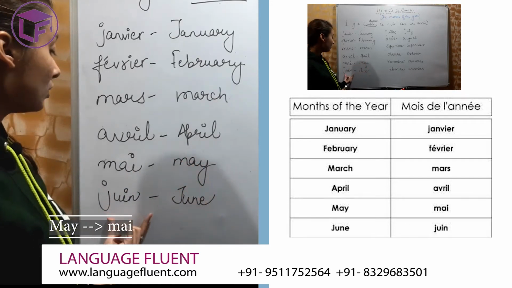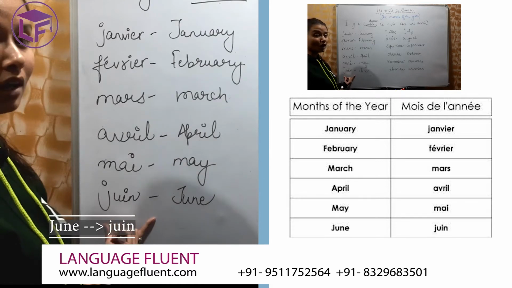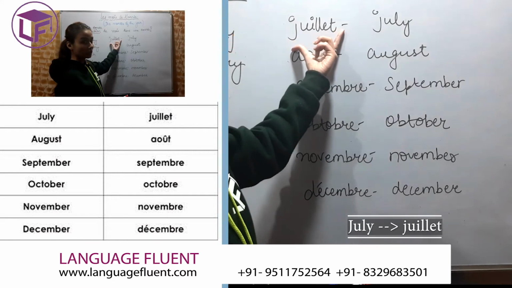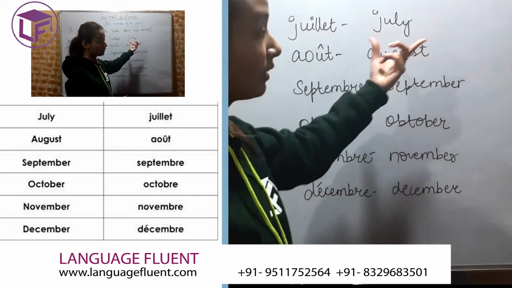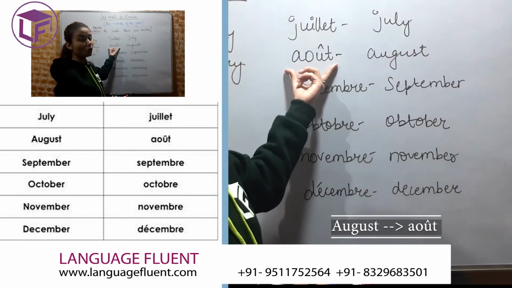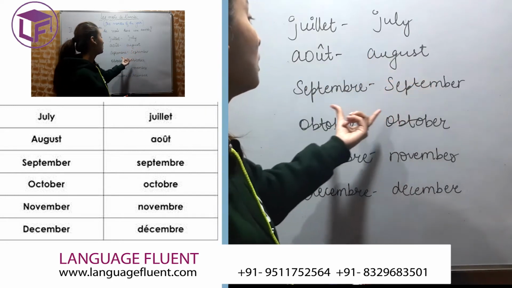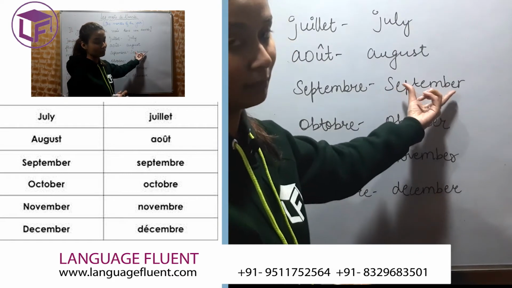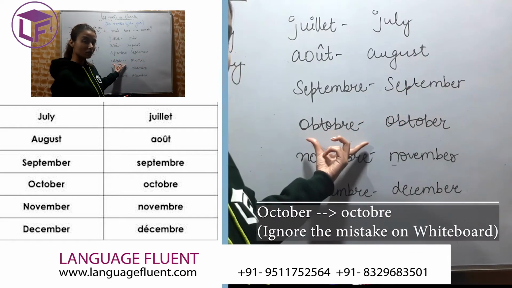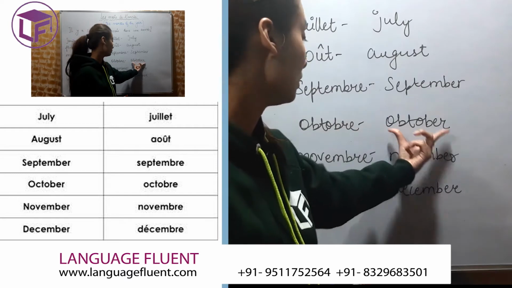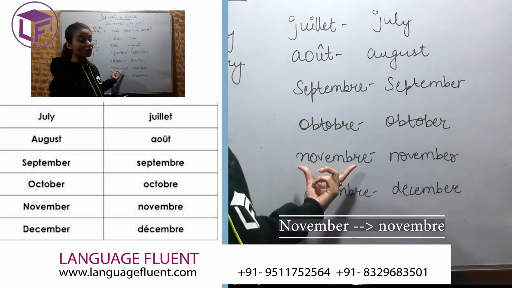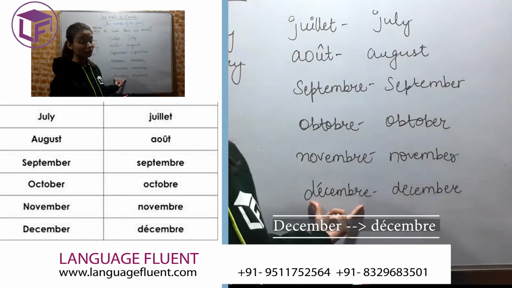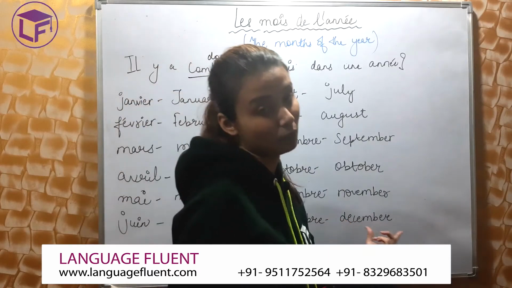May, June, that is June, juillet is July, août is August, septembre, that is September, octobre, that is October, novembre, that is November, décembre, that is December.